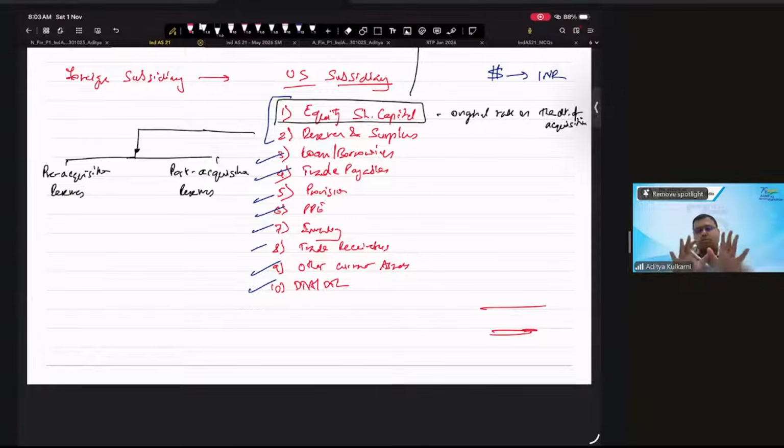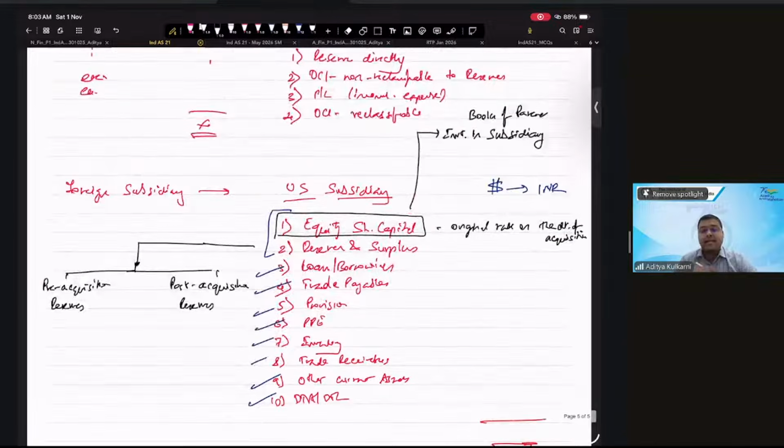Now, let us come to a very simple understanding. When the parent invests in a subsidiary, what is it actually getting? It is getting control of the entity. Correct? When it is getting control of that entity, essentially it is getting control over the net assets of that entity.